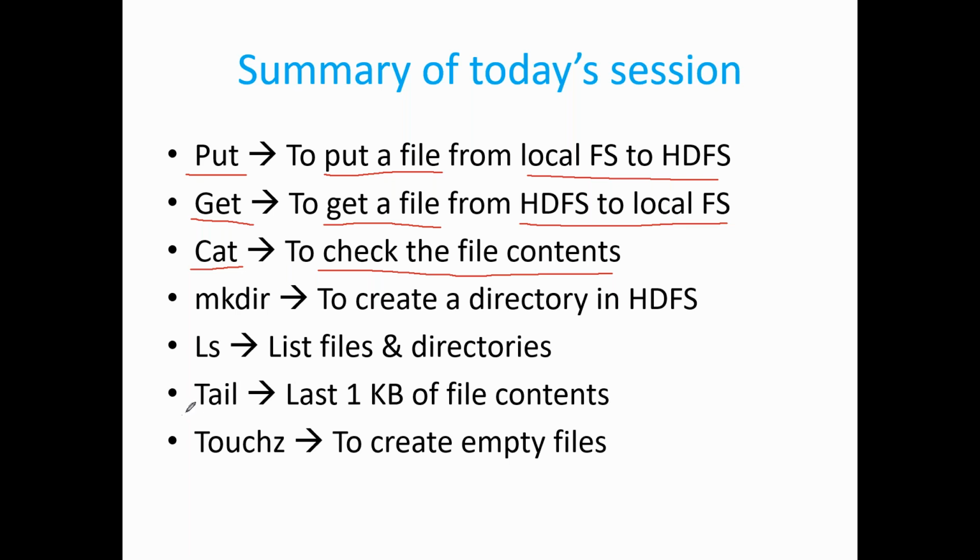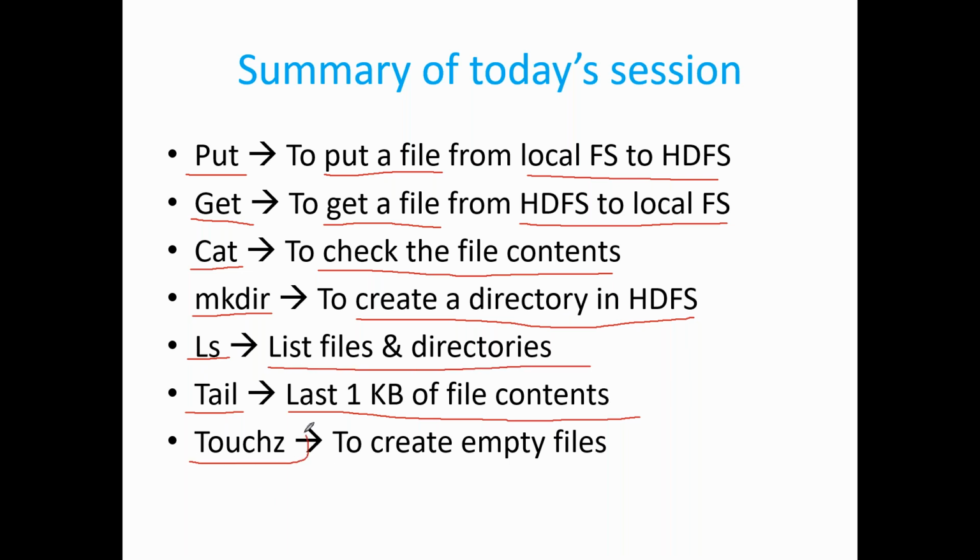Instead of cat, use tail. Tail will display the last 1 KB of the file. Also, we have seen how to use the mkdir command to create directories in Hadoop. The ls command is used to see the list of all the files and directories. And the touchz command is used to create empty files in Hadoop.